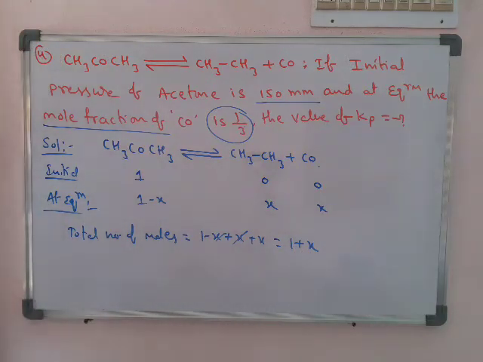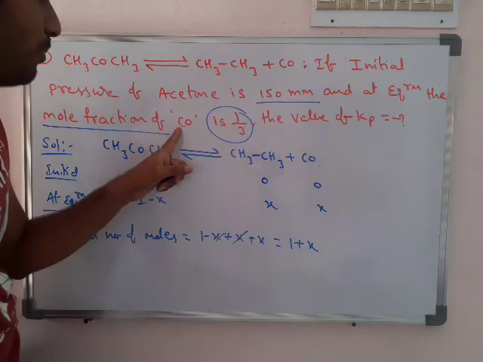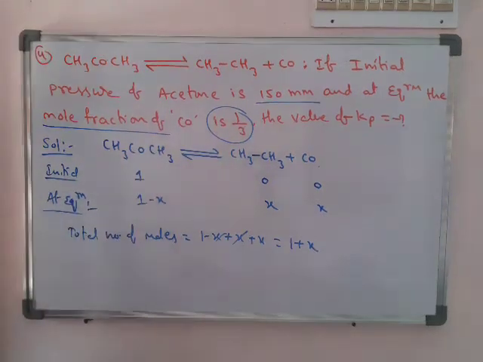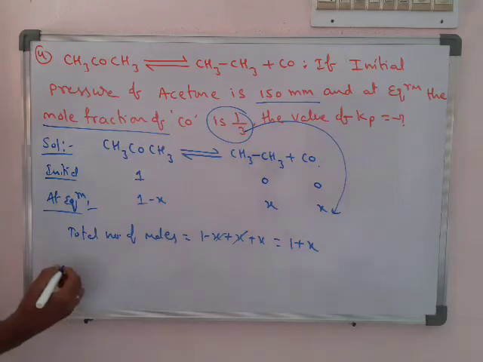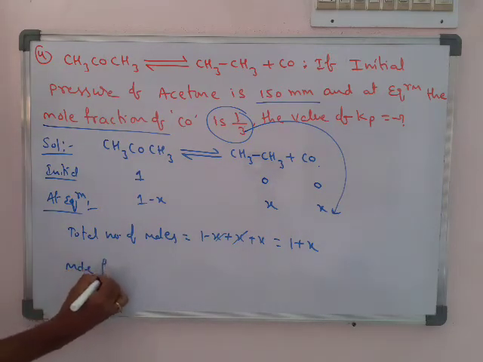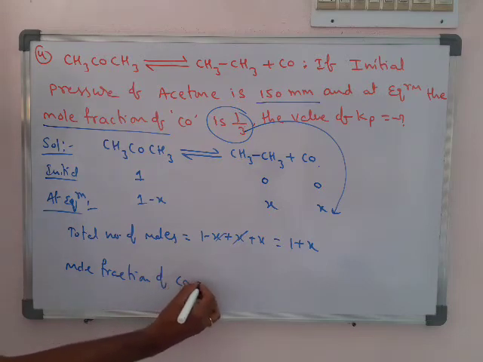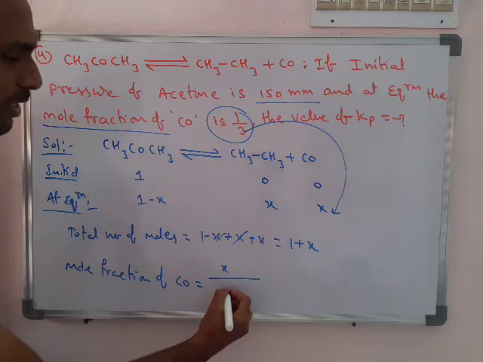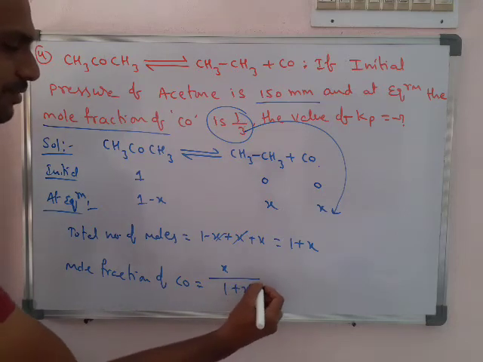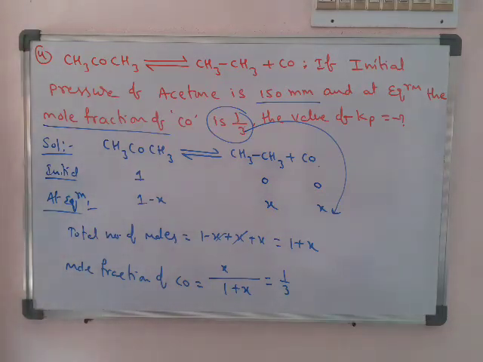So what is the mole fraction? Here the clue is given: the mole fraction of carbon monoxide is 1 by 3. So we calculate the mole fraction of CO in terms of x: its number of moles divided by total number of moles, which is given as 1 by 3.